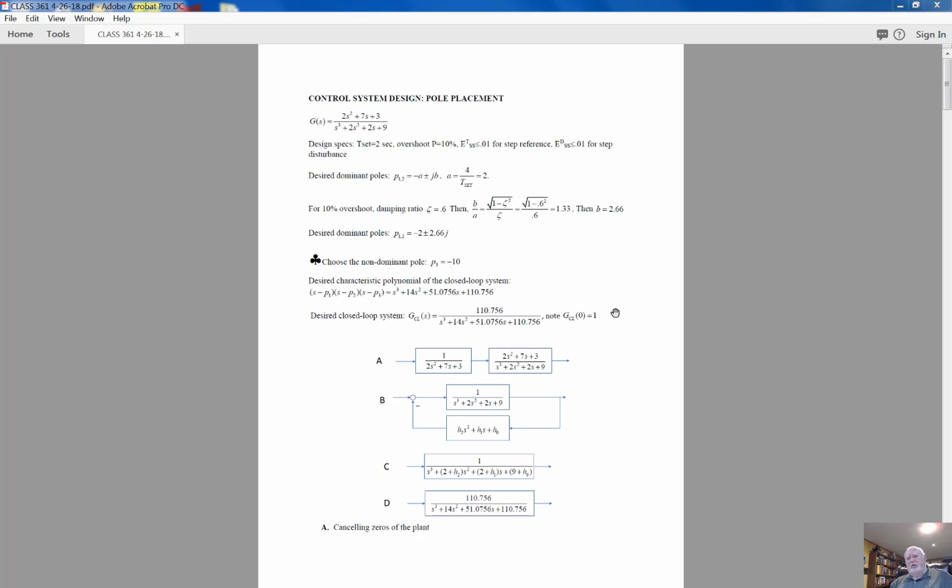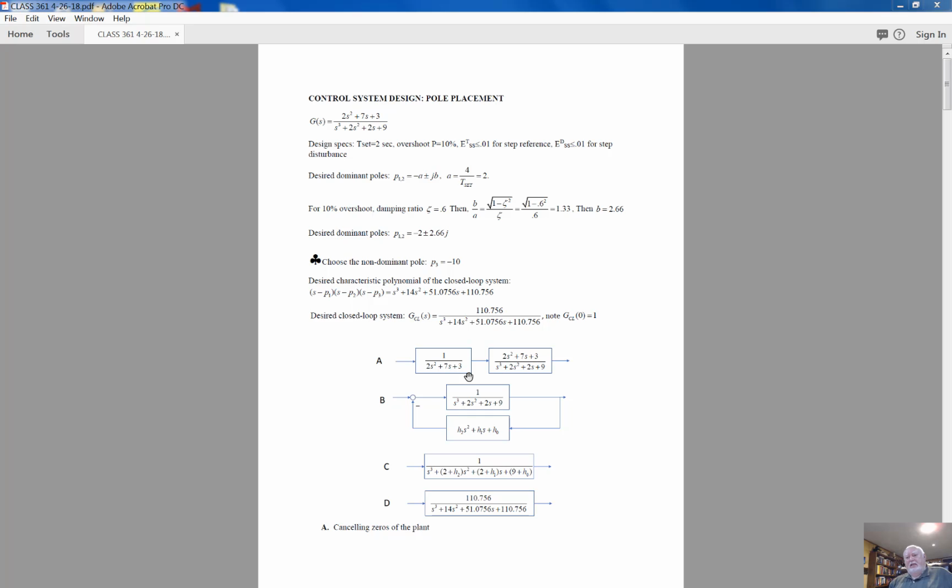Why? Because, as I told you in class, if I replace s by 0 in the expression for the desired closed loop system transfer function, I'm supposed to get 1.